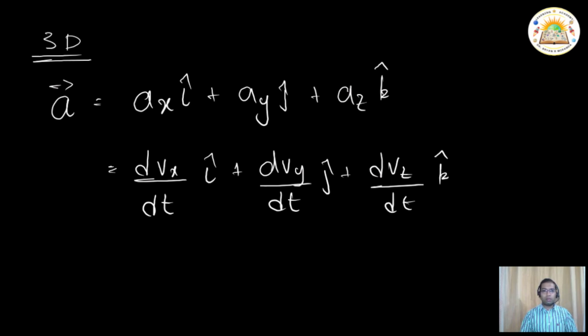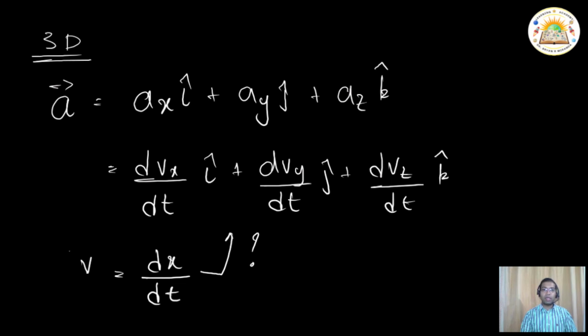But wait a minute, there's a catch here. We have velocity as nothing but dx by dt, correct? So we know that rate of change of displacement is velocity and rate of change of velocity is acceleration. So how do we incorporate this into this expression?